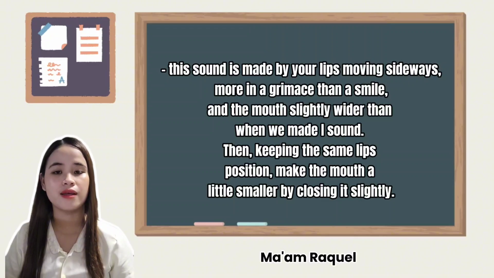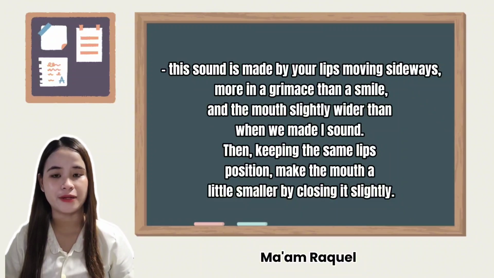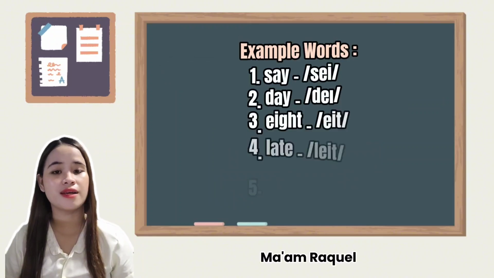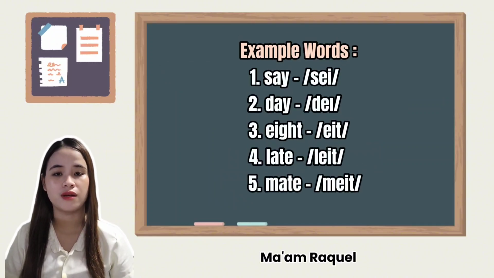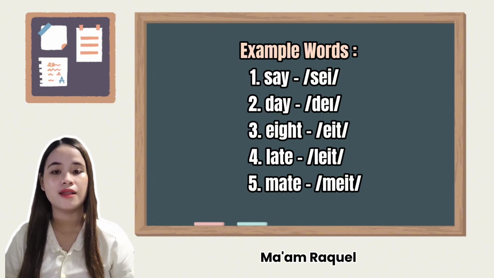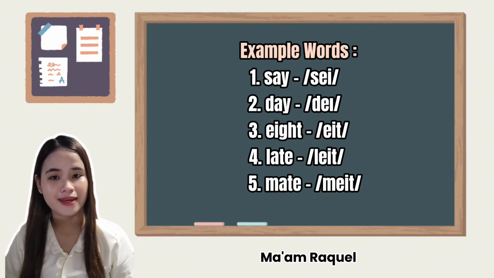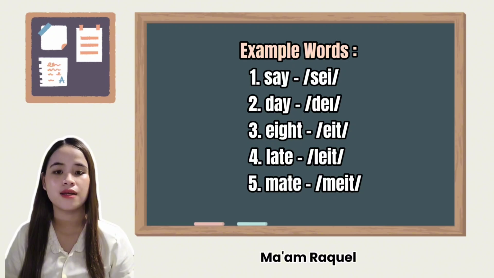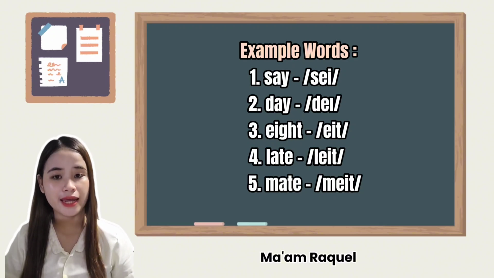Then, keeping the same lips position, make the mouth a little smaller by closing it slightly. So these are the examples of this sound, including its IPA transcriptions. Number 1, say, day, ate, late, mate.